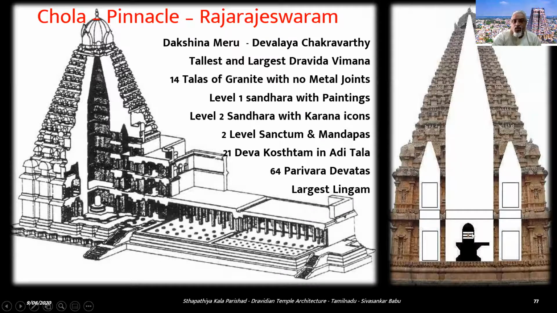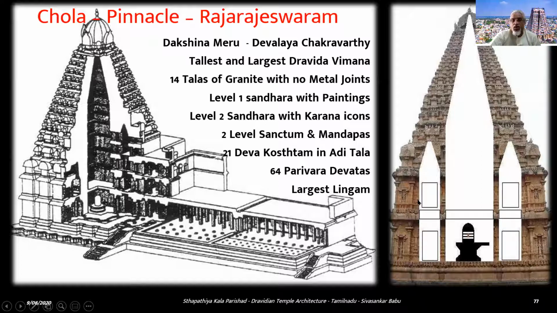The sanctum also stretches up to two levels, and we have a false ceiling set up here. And the mandapas themselves also stretch to two levels. The first level is damaged. Around this place we have Deva kostas, 21 of them.